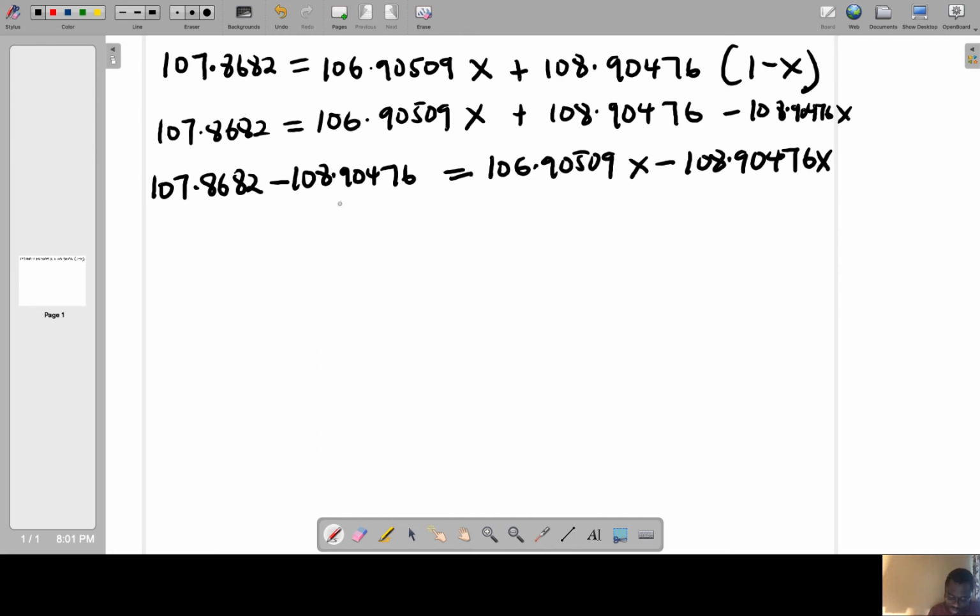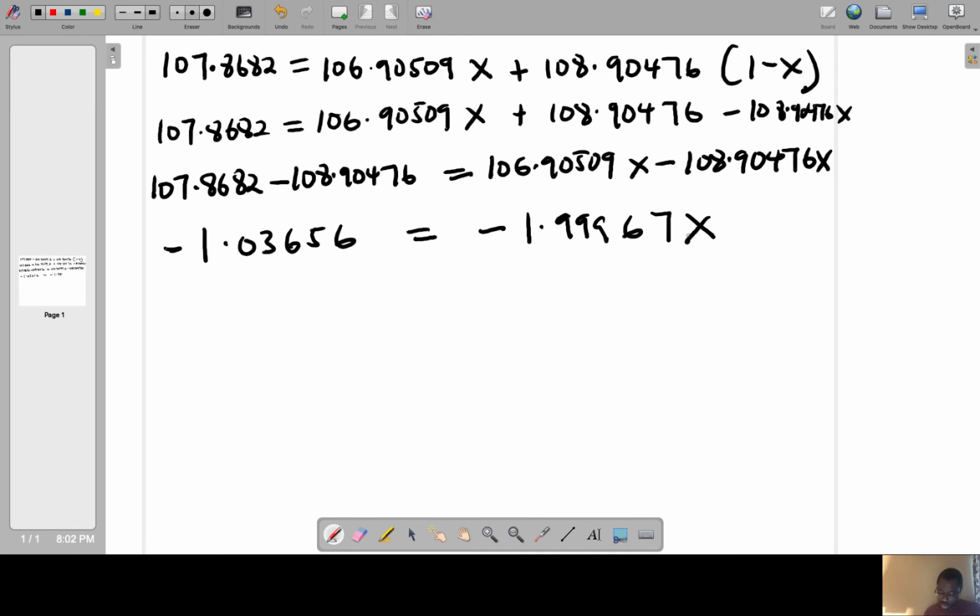When we subtract this, we are going to get 1.03656, and it's going to be negative because 108 is bigger than 107. And this is equal to, here also negative, minus 1.99967x. Okay.